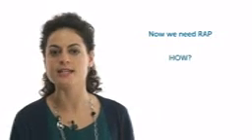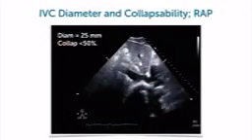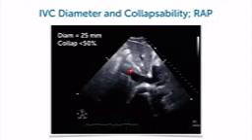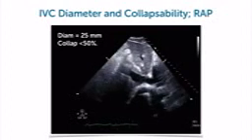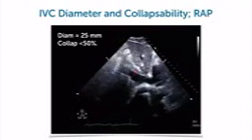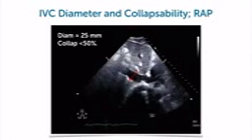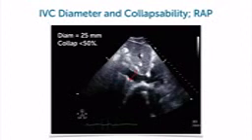How? As Thomas said, we need the inferior vena cava. And here it is. We have to look at its diameter and collapsibility with respiration. Here we have a dilated inferior vena cava, which is 25 millimeters, and its collapsibility is reduced. It's less than 50% with inspiration.